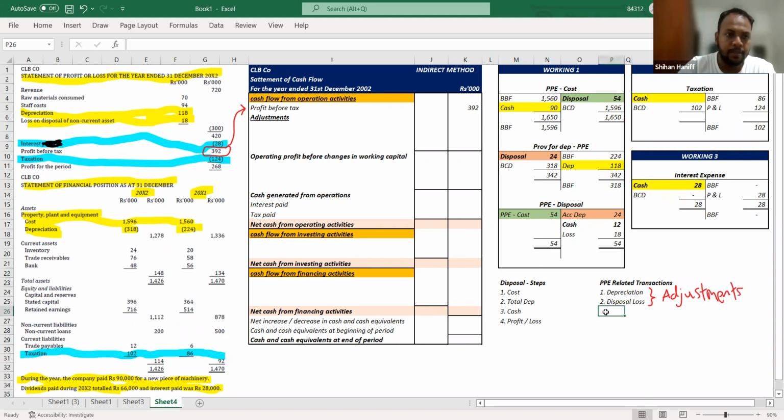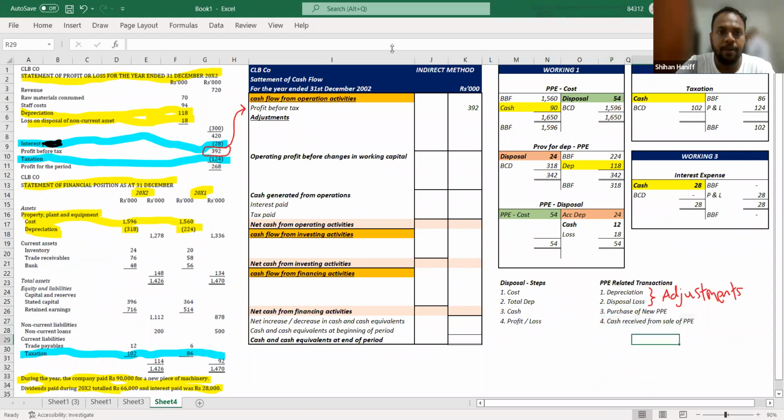Then the next transaction is any purchase of new PPE. And the 4th transaction is the cash received from sale of PPE.